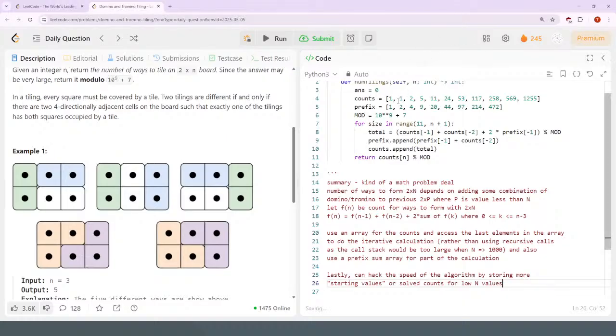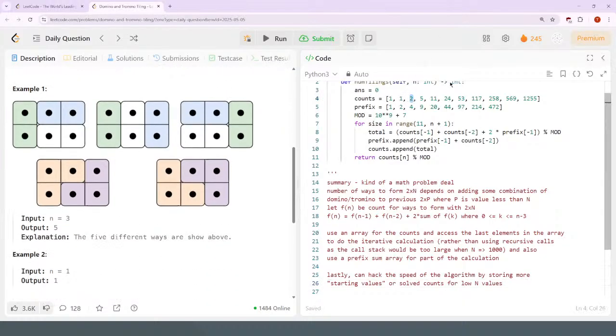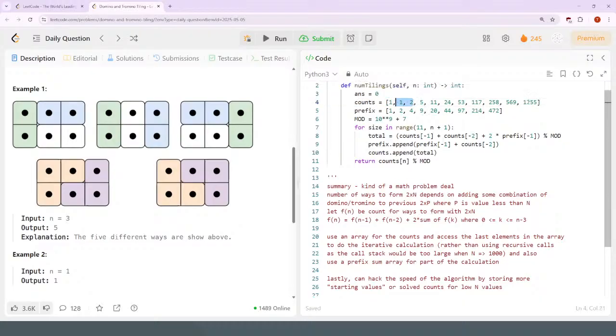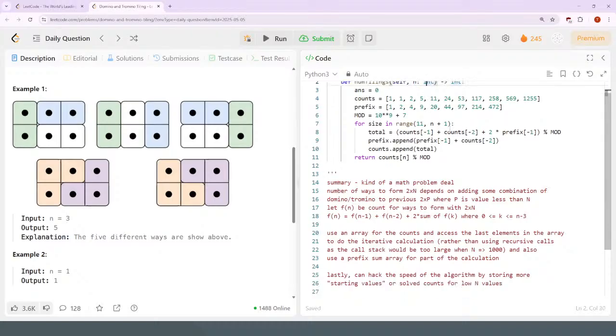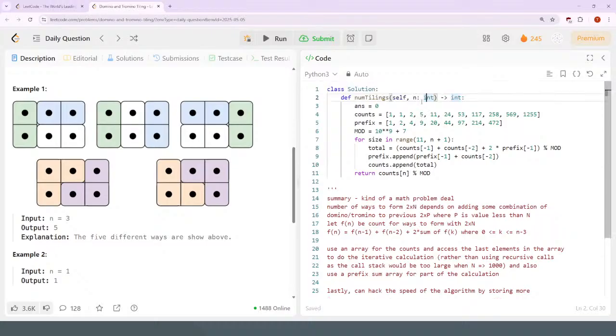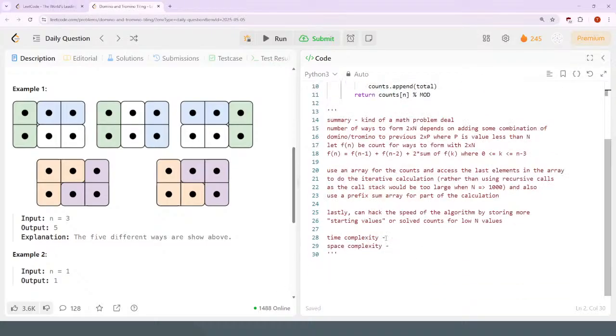So rather than starting with just 1, 1, 2, with 1 being the number of ways for n equals 0, n equals 1, and n equals 2, and starting the iterative process with a small array, if you have a larger number of base cases, then your calculation, which always starts when n is small and goes all the way up to n is large, will have less calculation and just more fixed answers.